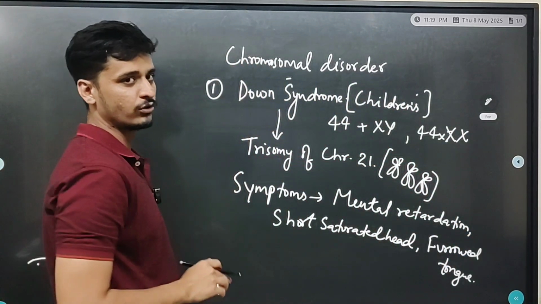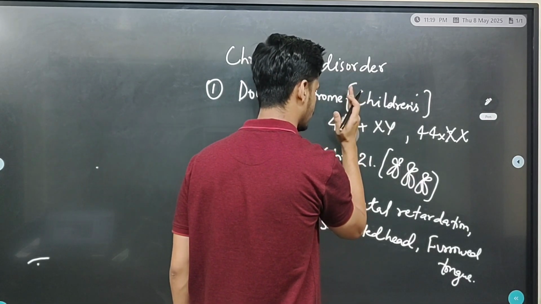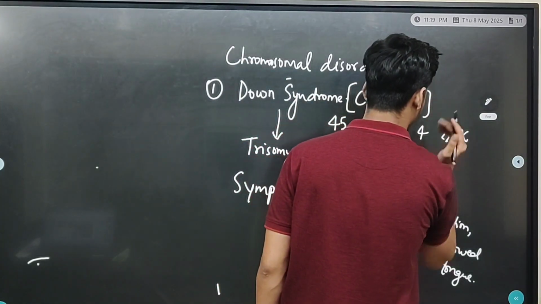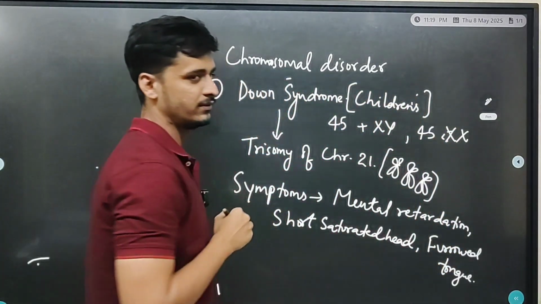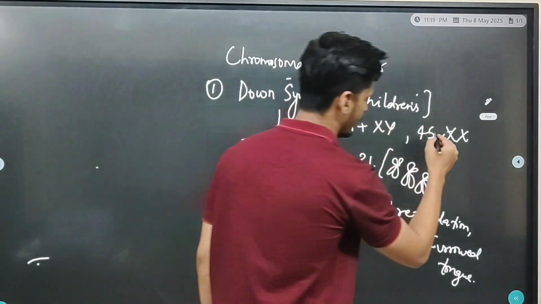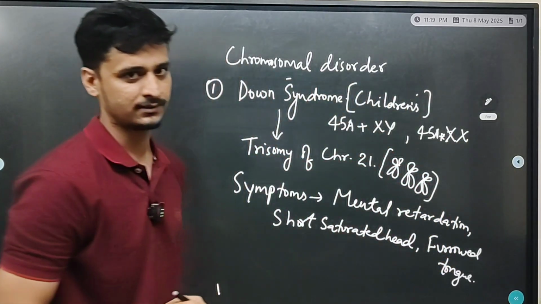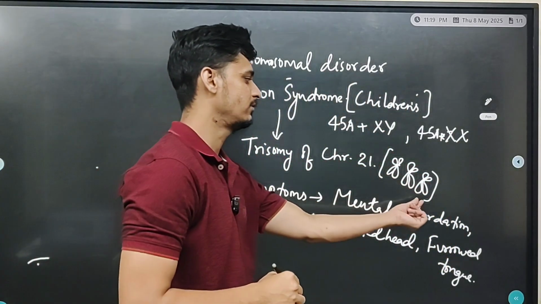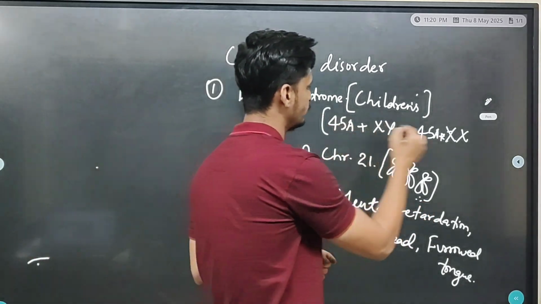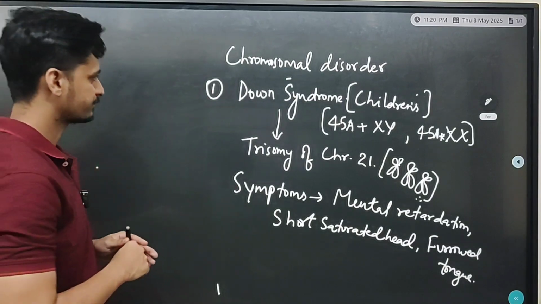But in a Down syndrome patient, this 44 becomes 45. In male, 45 autosomes and XY. In female, 45 autosomes plus XX, because there is trisomy increasing one autosome. Their genetic constitution is important, they might ask. So this is about Down syndrome.